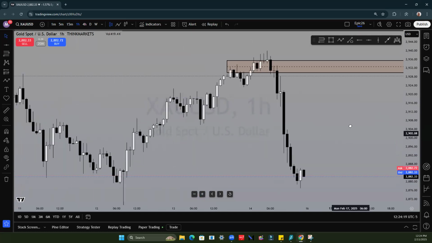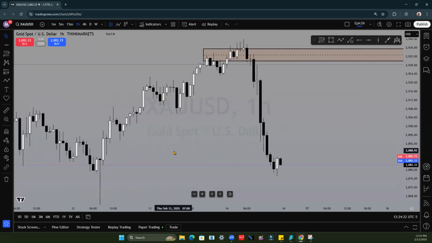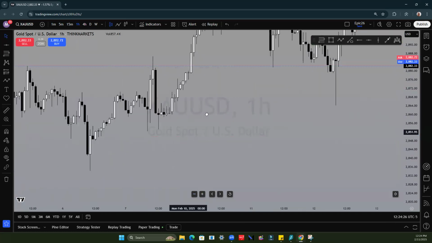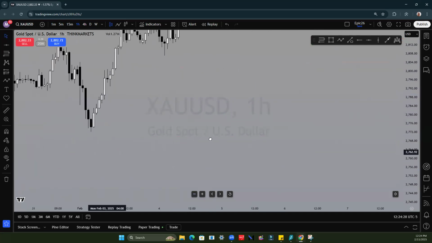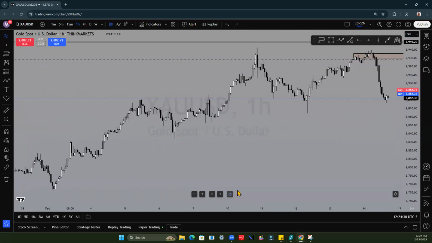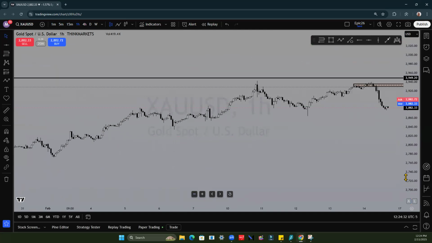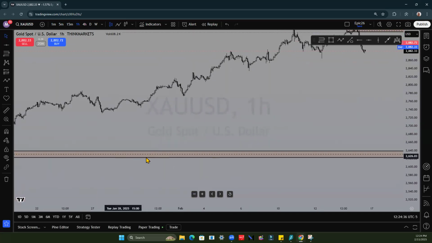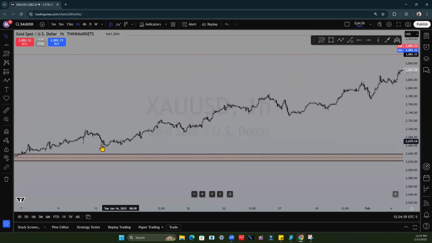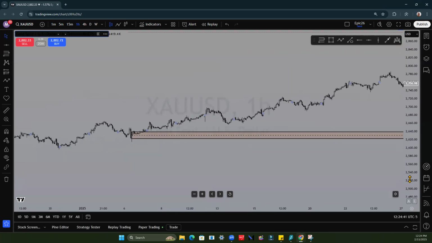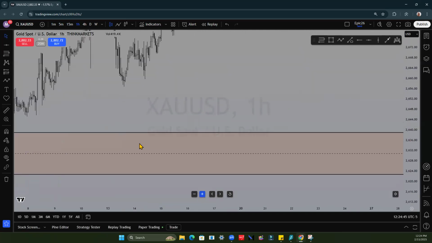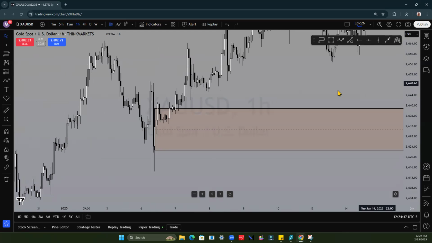Okay, we can start all the way down here. Already got a demand zone. Okay, so we'll start with here and see if we can find any gaps.